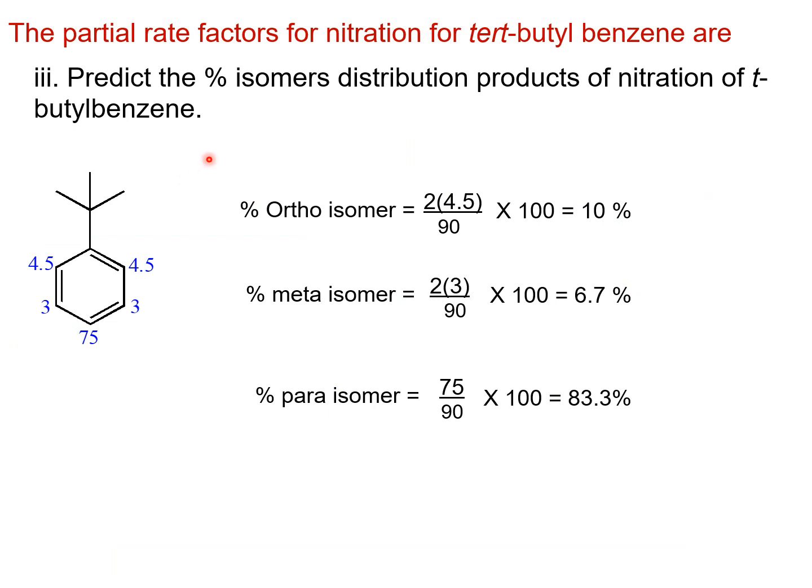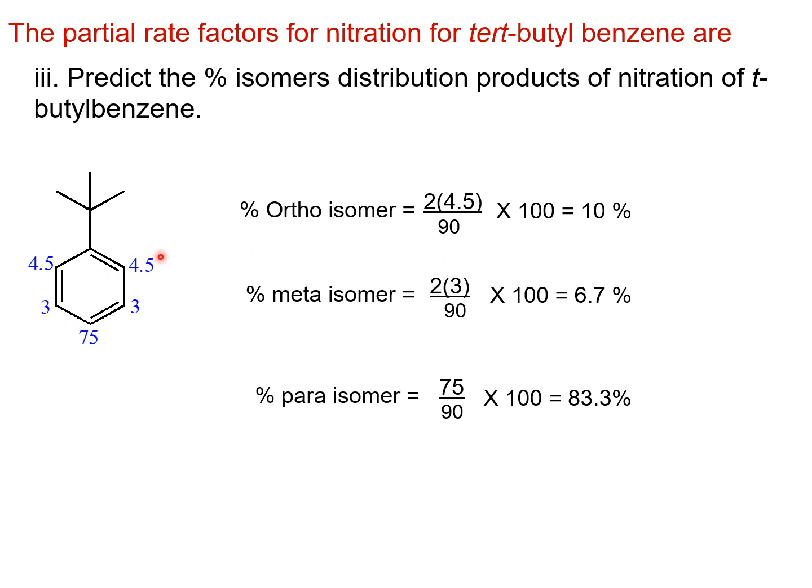Next, you have been asked to predict the percent isomer product for nitration reaction of tertiary butyl benzene. We have the partial rate factor of each position of tertiary butyl benzene. What you simply have to do is take the partial rate factor for that position divided by the total partial rate factor.